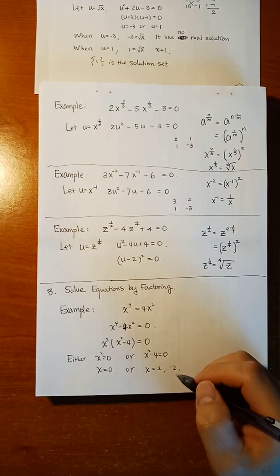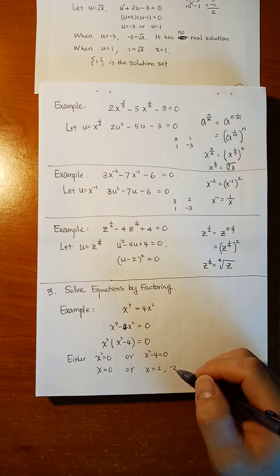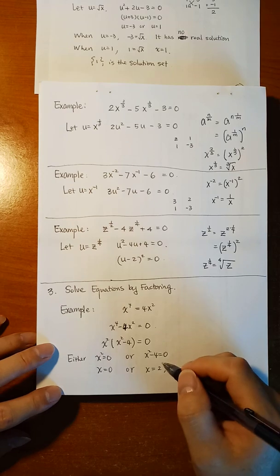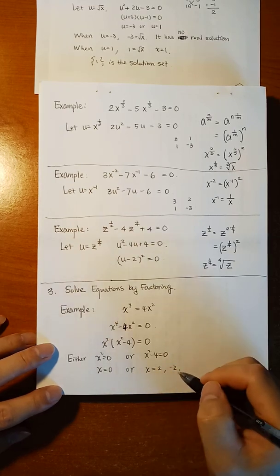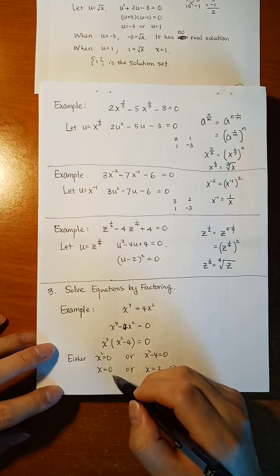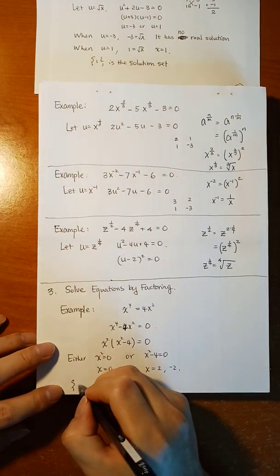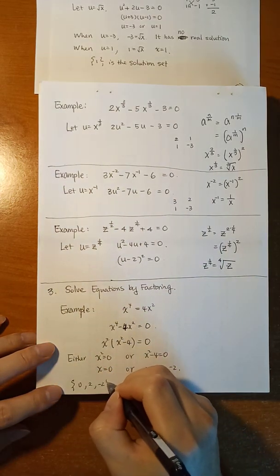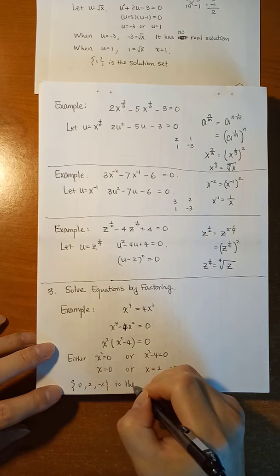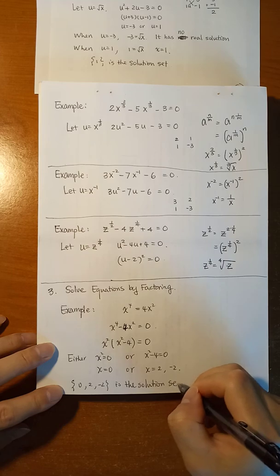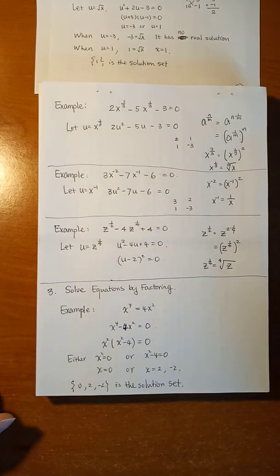You take the square root of 4, you get the principal square root and the negative principal square root. So there are only three solutions. Actually, this one is a double solution. So we get the solution set.